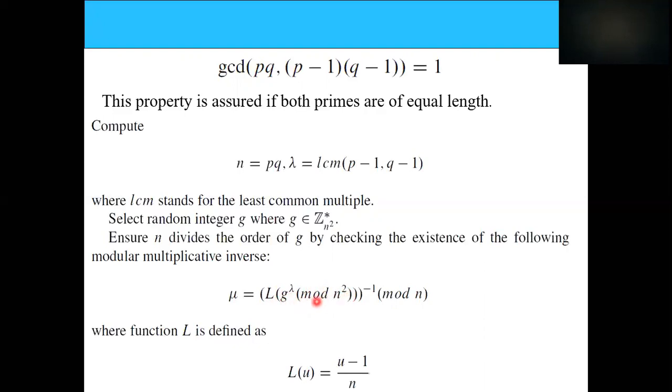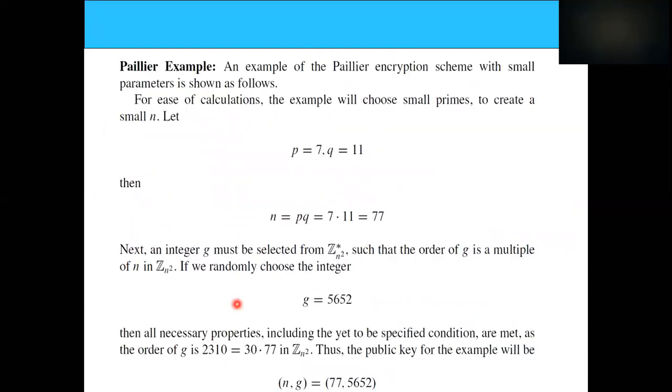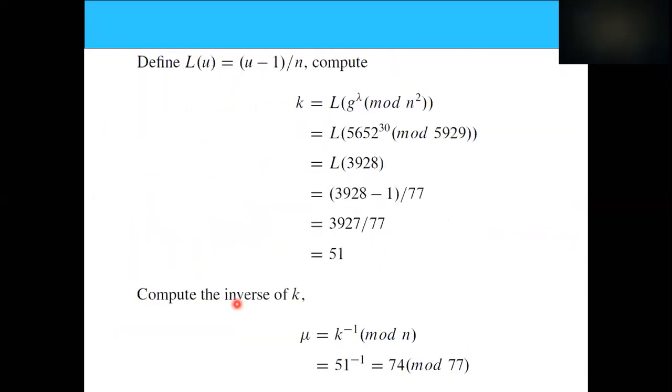I call this k, calculate the inverse of k, and I call it mu. If you look over here, I have to call it k, and I need the inverse after calculating all this. So I calculated the inverse under mod 77.